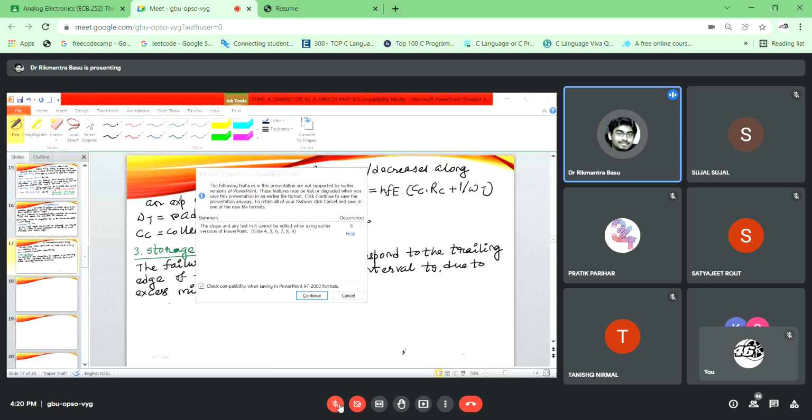There will be an assignment which I will give you this weekend or by tomorrow. You have to simulate this circuitry for any available transistor in your simulation package, whether it's Multisim or PSpice, and tell me the best suitable values for VI, the IB minimum, and the RB maximum, or RB minimum, or IB maximum, or VB max, to drive the transistor either in the cutoff region or in the saturation region.